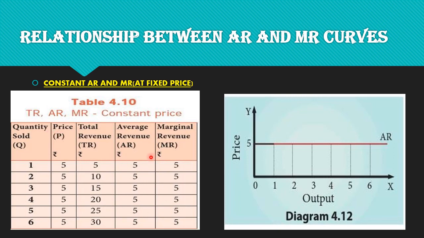In the same way, marginal revenue is also same. It is constant at every point because the price is constant. The reason why these two are same is because the price is constant. So the curve of average revenue and marginal revenue will be parallel to the x-axis because there is no change in the price with the change in the output sold.